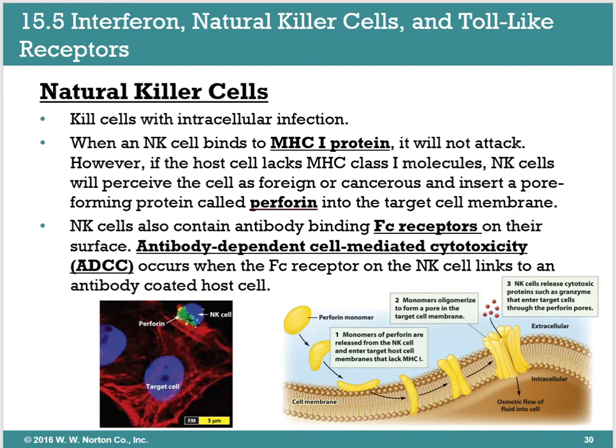So a natural killer cell will bind to an FC receptor, and from that, it will be able to link an antibody, essentially. That's really it. I'm not actually too concerned about that. I'm more concerned about you knowing the second bullet point on this slide.